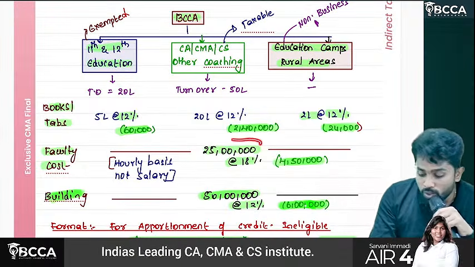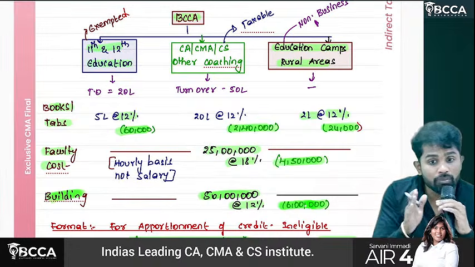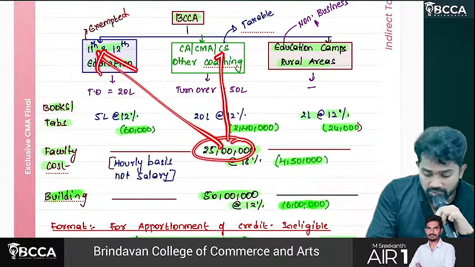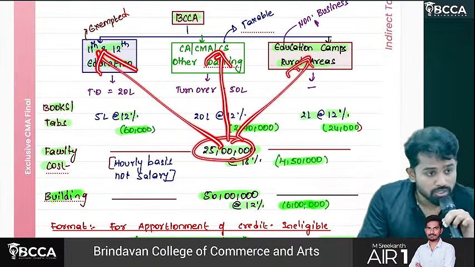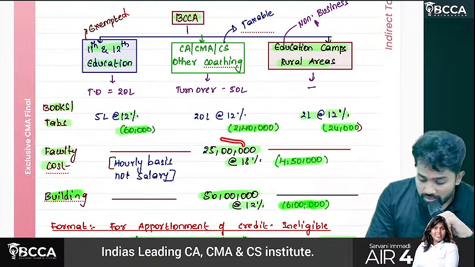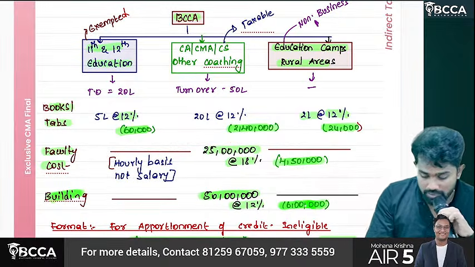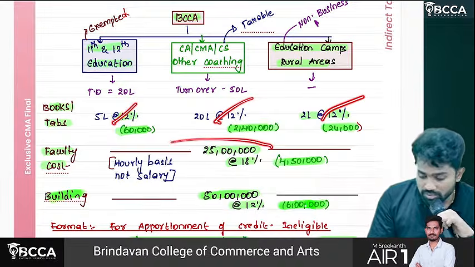So it is a common cost, and it cannot be divided out of this 25 lakhs: how much is for 11th, 12th, how much for ICMAI, and how much for non-business. Then this faculty cost we can call common input. These others are specific inputs, but this is a common input.